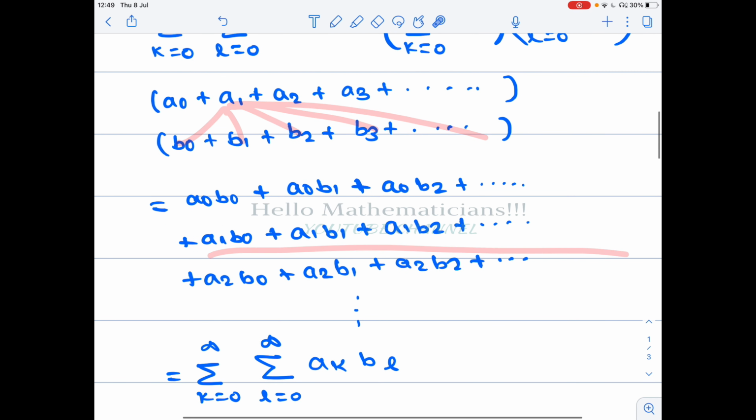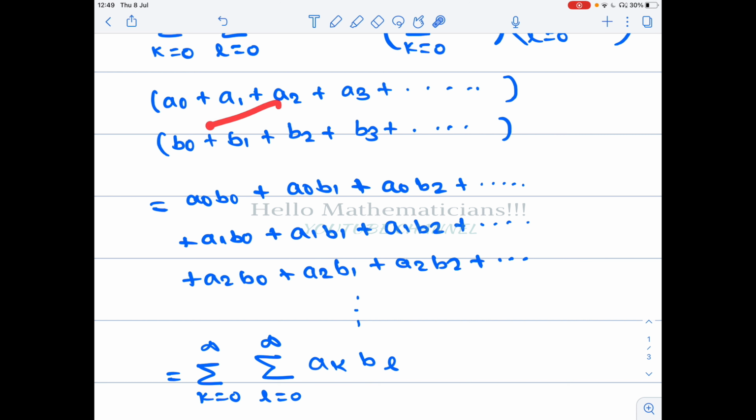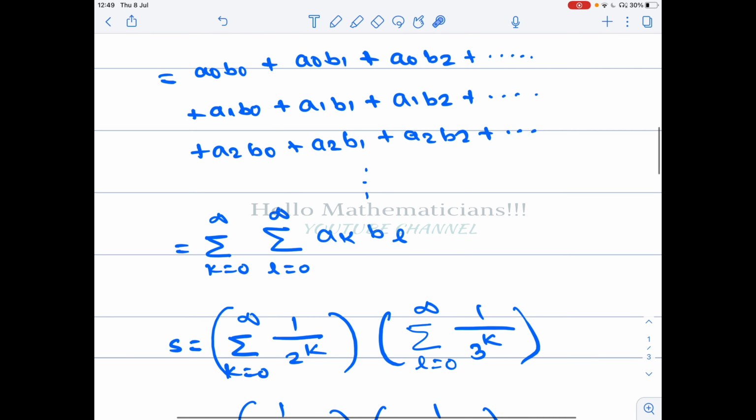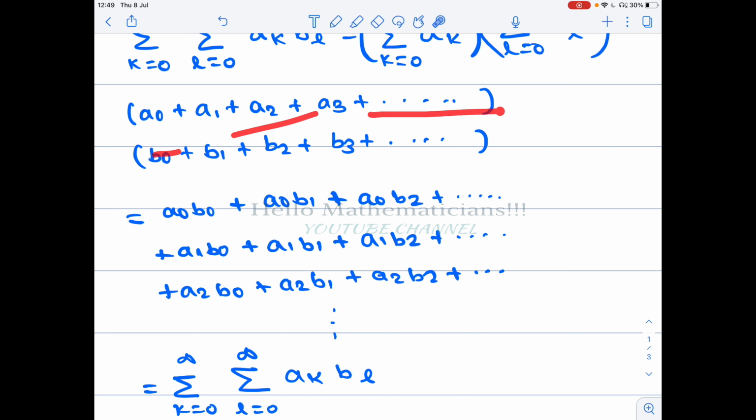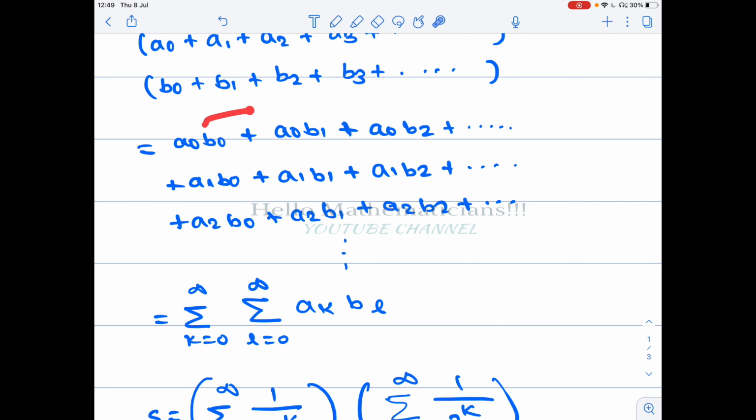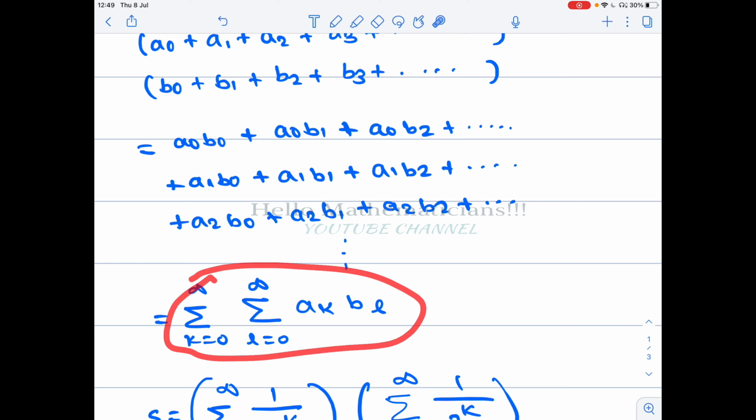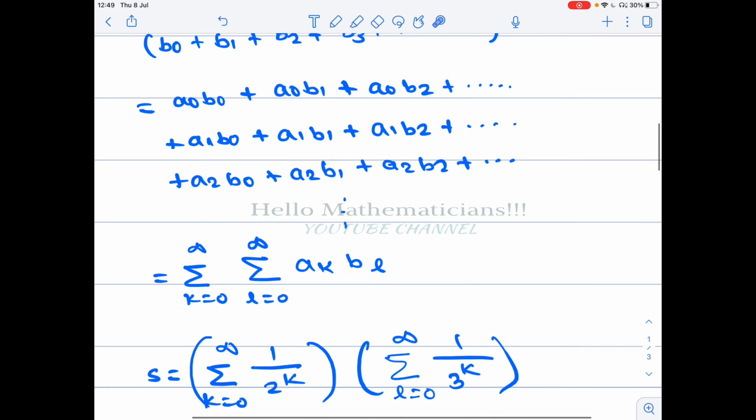Then again a2 b0, a2 b1, a2 b2, a2 b3. You keep going for all the elements of the series. This is precisely equal to the double summation, since all the terms here are here.